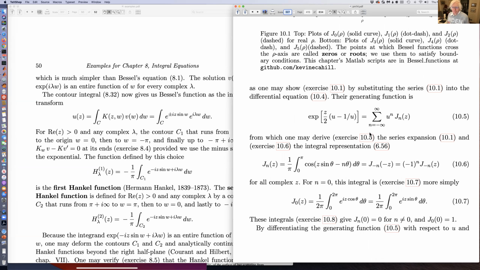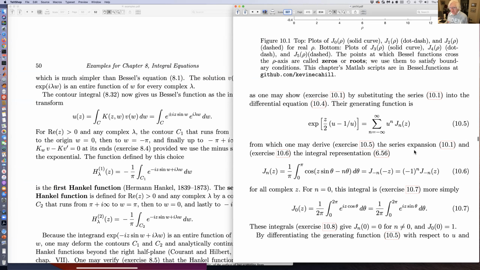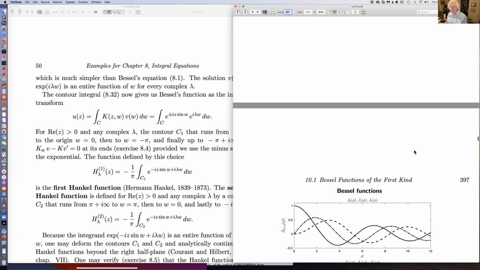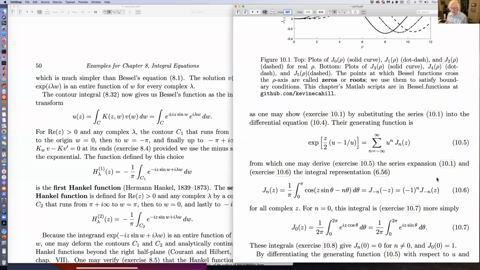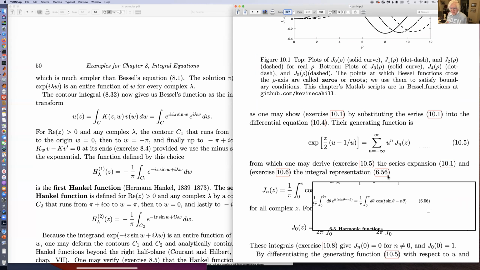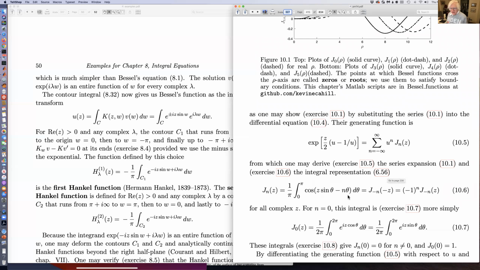It turns out you can take this generating function and derive the series expansion here. And you can also derive the integral representation, which follows from this generating function formula.